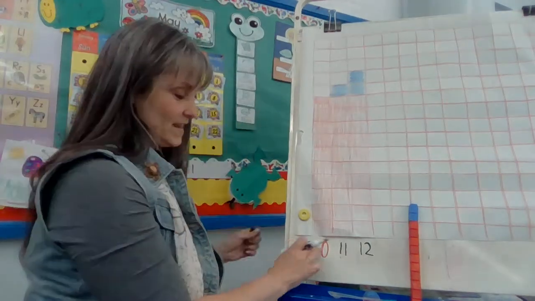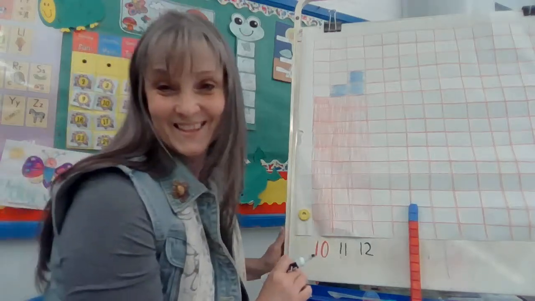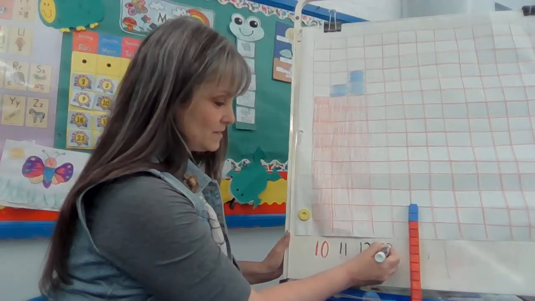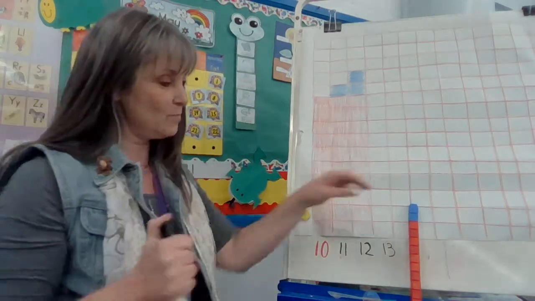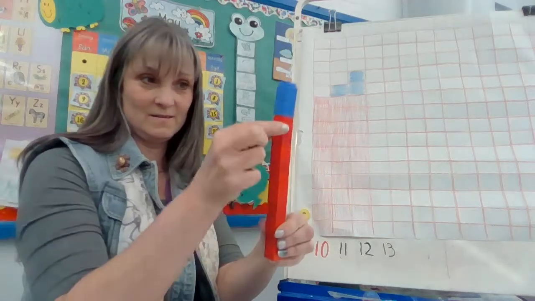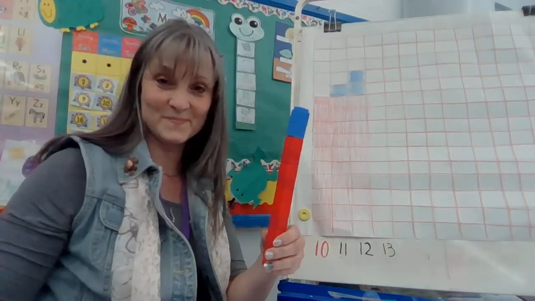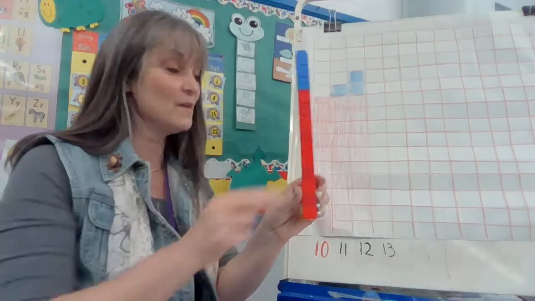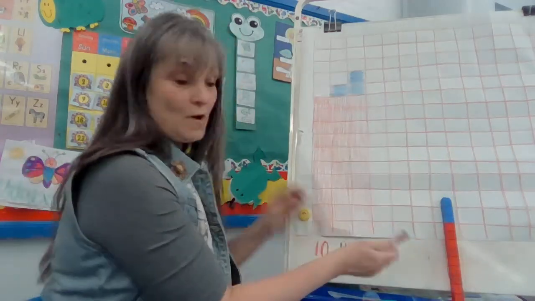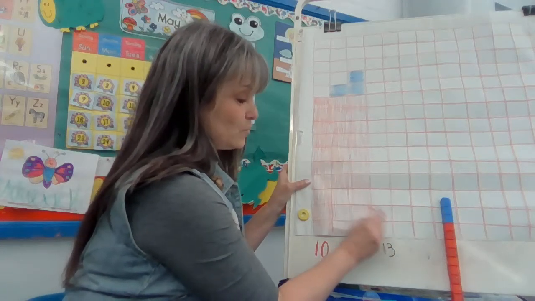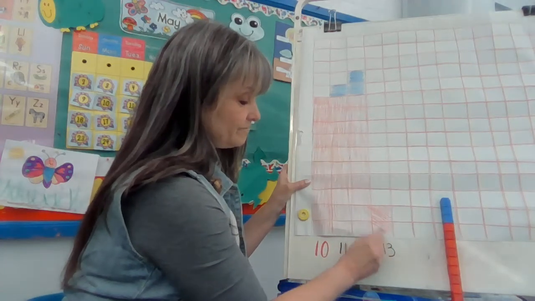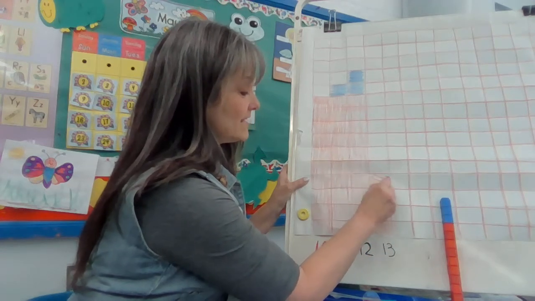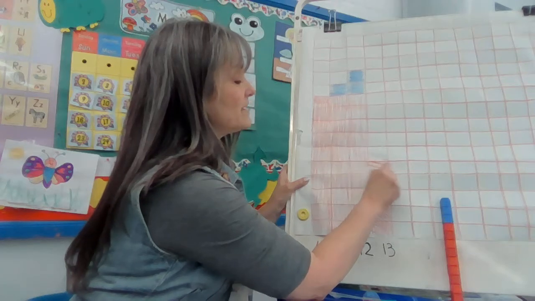Well, 10, 11, 12, 13. How do you write 13? 1, 3. So help me out. 10 and 2 is 12. 10 and 3 equals 13. So I didn't color all of my red, but now I'm going to go kind of quick, but I am going to try really hard to stay within the lines best I can.